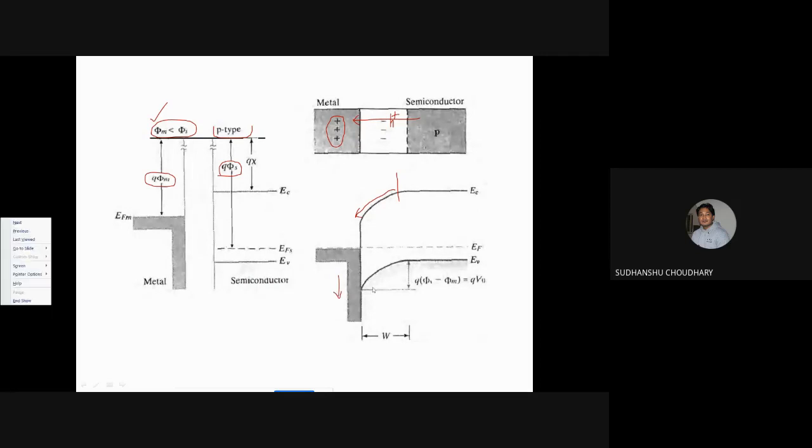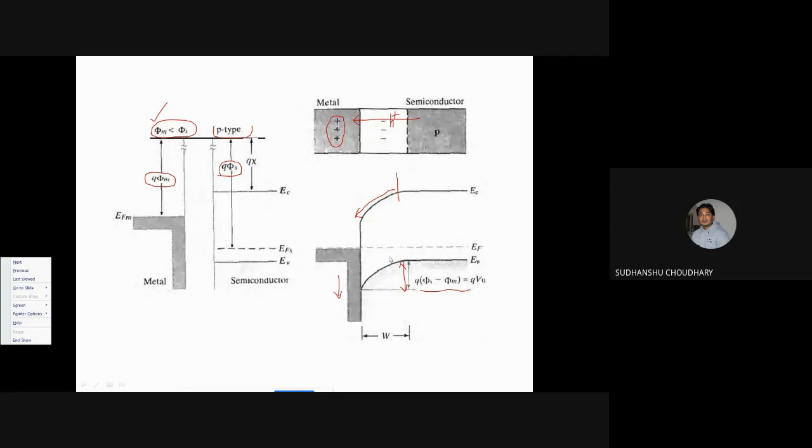So the holes of the P-type semiconductor, which were diffusing from the semiconductor side to the metal side, now see this much barrier because of Fermi level alignment and band bending. This barrier is equal to q times phi S minus phi M, the difference between the semiconductor work function and the metal work function, which is equal to qV0, or the barrier potential.